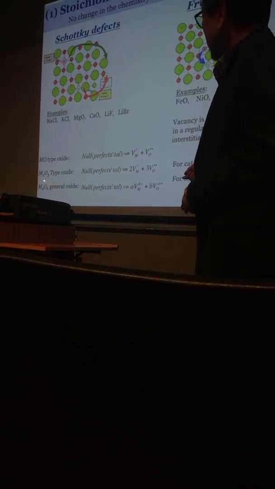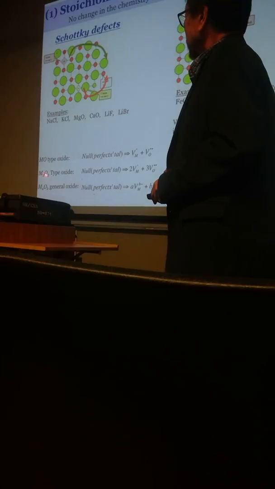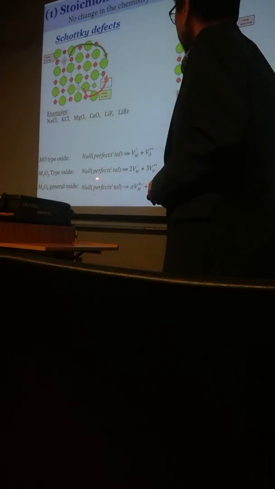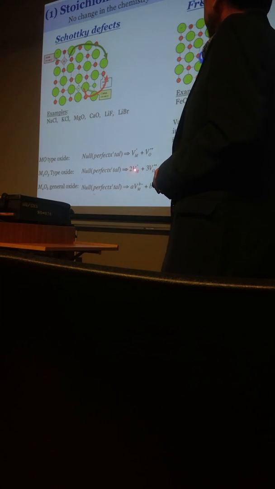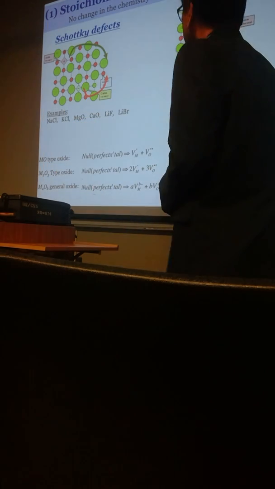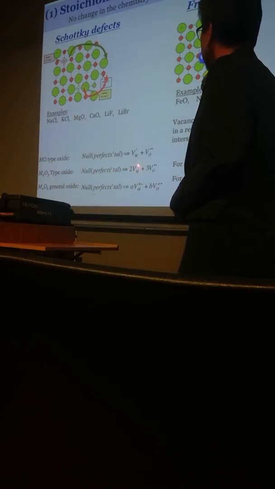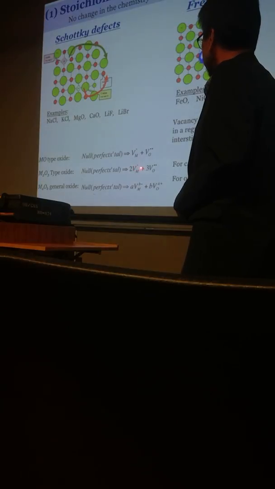If the stoichiometry changes to, say, M2O3, like the Al2O3 case, aluminum oxide, you start with the perfect crystal and then you need to balance the charge. The vacancy of the metal cation is a 3 plus, so we have a 3 minus associated with this.